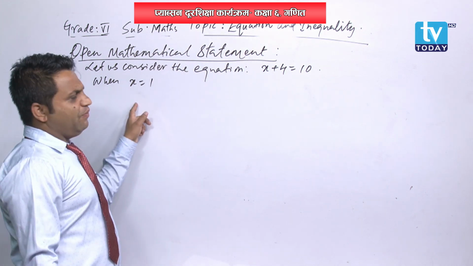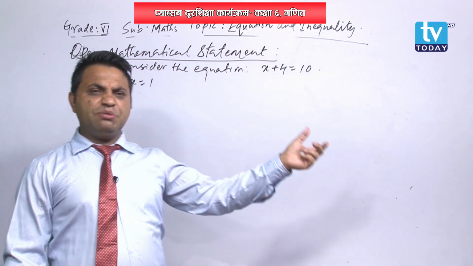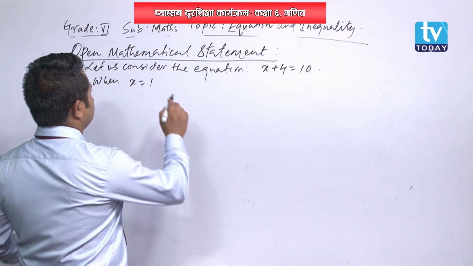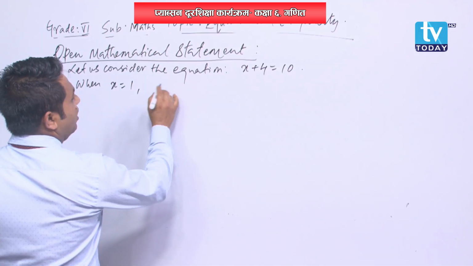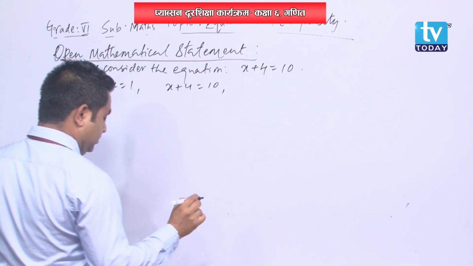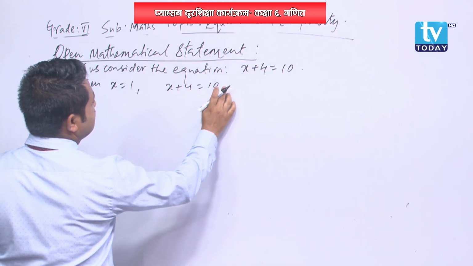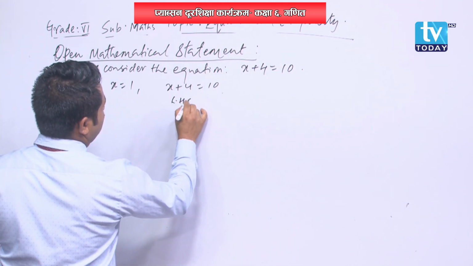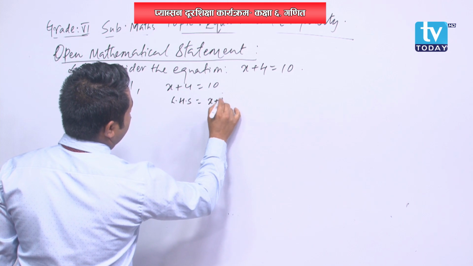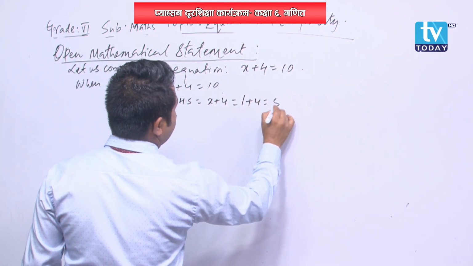You can take any value of x, either a negative value or a positive value. When x equals 1, then x plus 4 equals 1 plus 4, taking the left hand side, which equals 5.